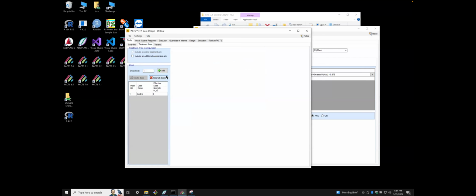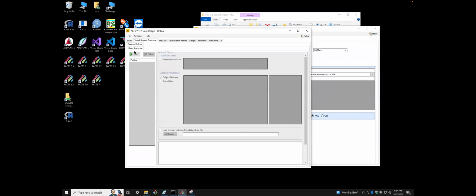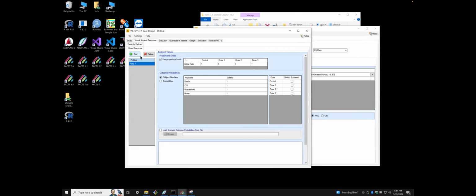Here we just create the treatment arms as before, and we can create our BSRs. So we can simply create the null using the proportional odds option.